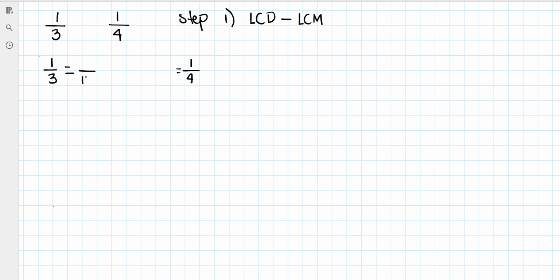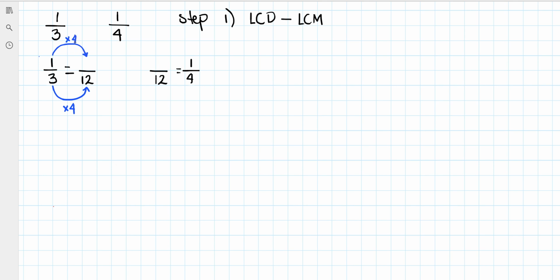So I know that the common denominator is going to be 12 for both. But now the question is, how did I get from 3 to 12? I multiplied by 4. To make an equivalent fraction, I have to do exactly the same to the numerator.